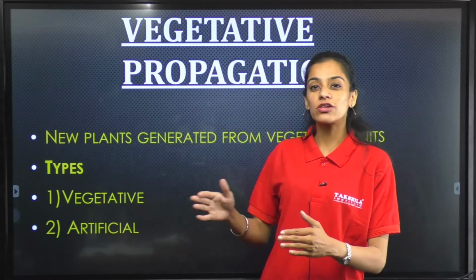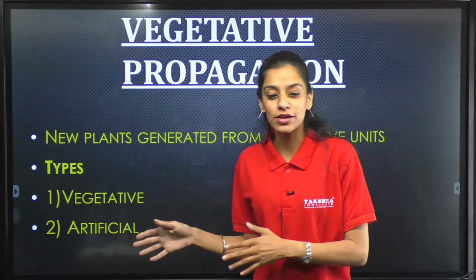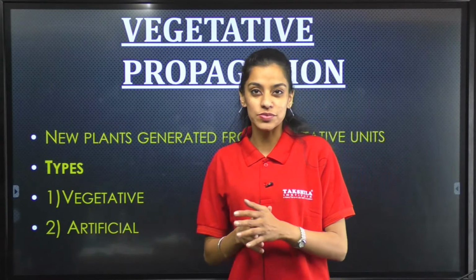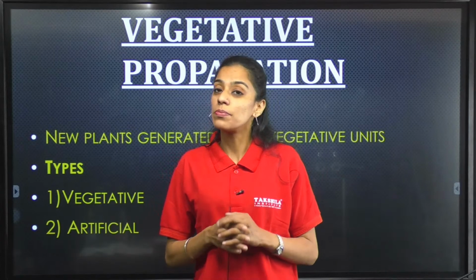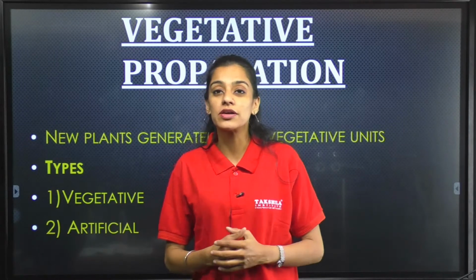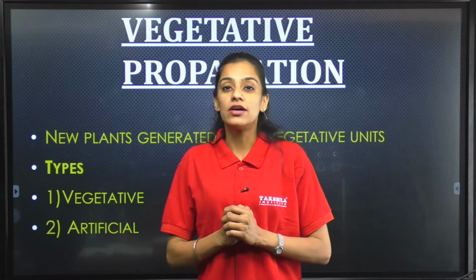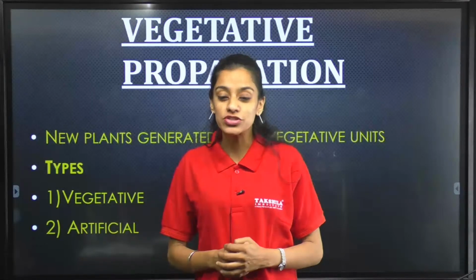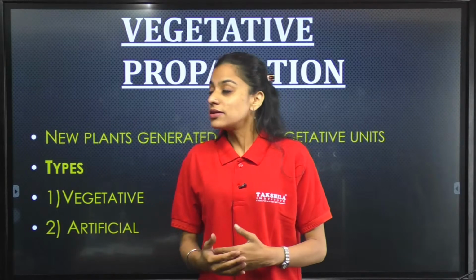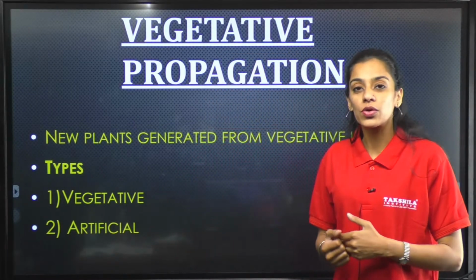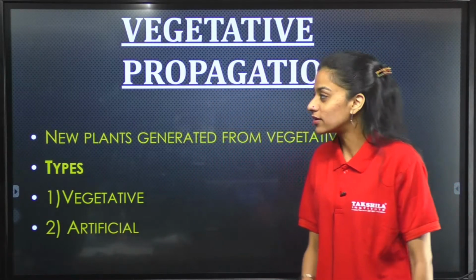It does not happen in animals or other microorganisms, right? So it is not very common there, but in the majority of plants, more than half of the plants, vegetative propagation is very progressive and very common.